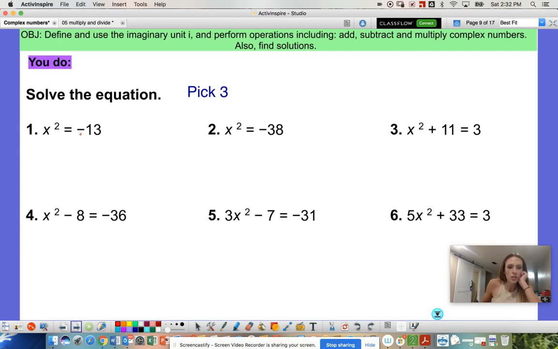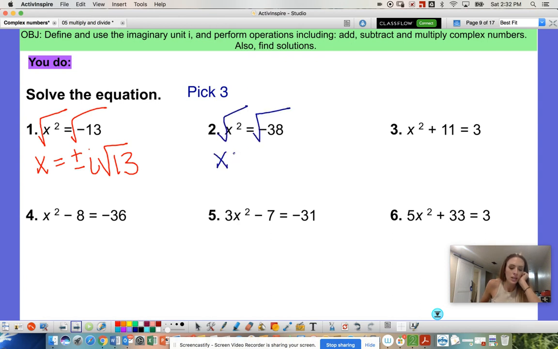So for this one, we just take the radical, and we'll get x equals plus or minus i radical 13. The second one, same thing. In this case, we've got to simplify. So we're going to get x equals plus or minus 4i root 2. And that's because this 32 can break into, we'll have an i out here, and then it's 16 times 2, right?